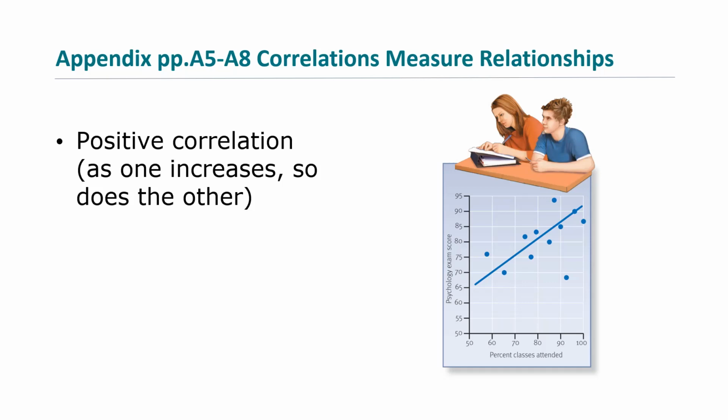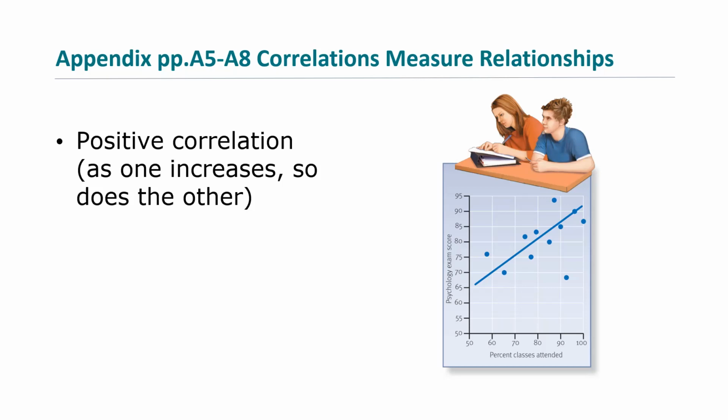People that attended more classes tended to score higher on the psychology exam. This graph that's shown here is called a scatter plot. Each one of these dots is an individual subject, or individual student in this case.